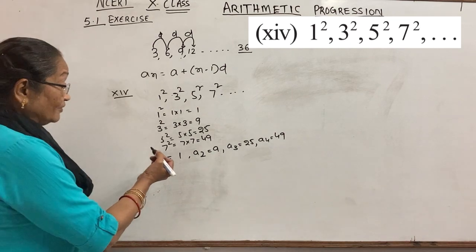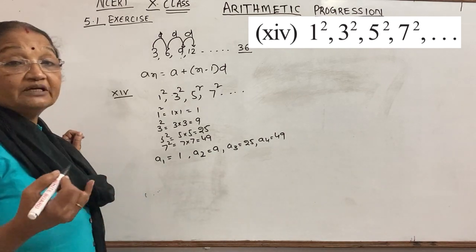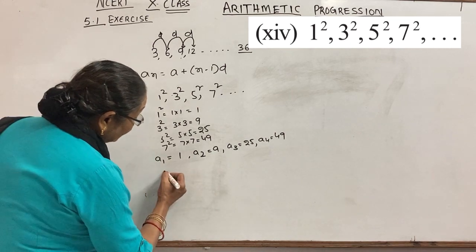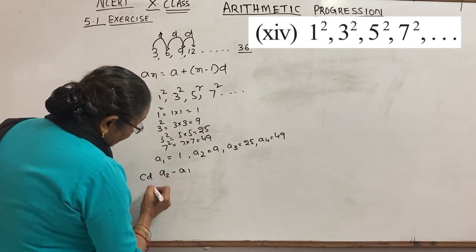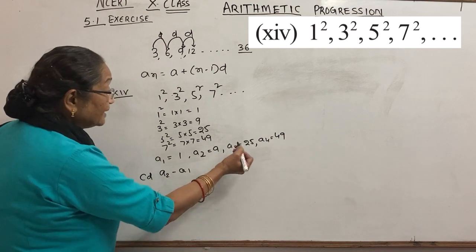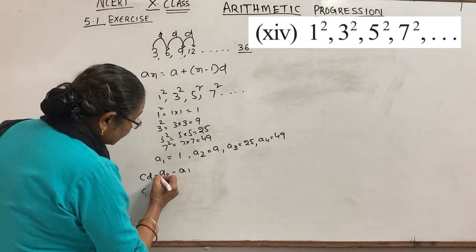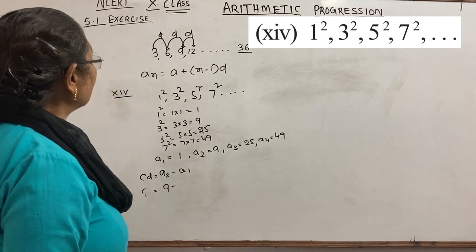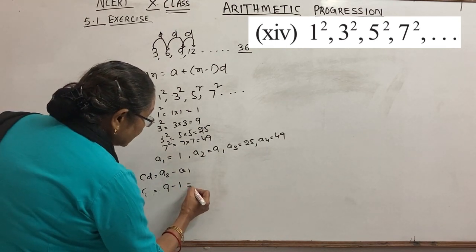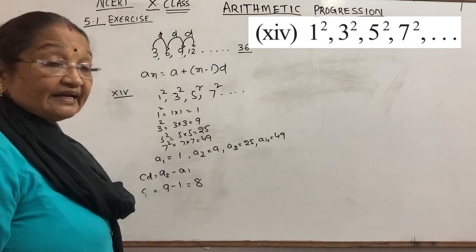Now let's see the common difference, that is the difference A2 minus A1, we shall find out first. Then second one we shall find A3 minus A2. Let's see A2 minus A1. What is our A2? A2 is 9 and A1 is 1. The difference is 8.